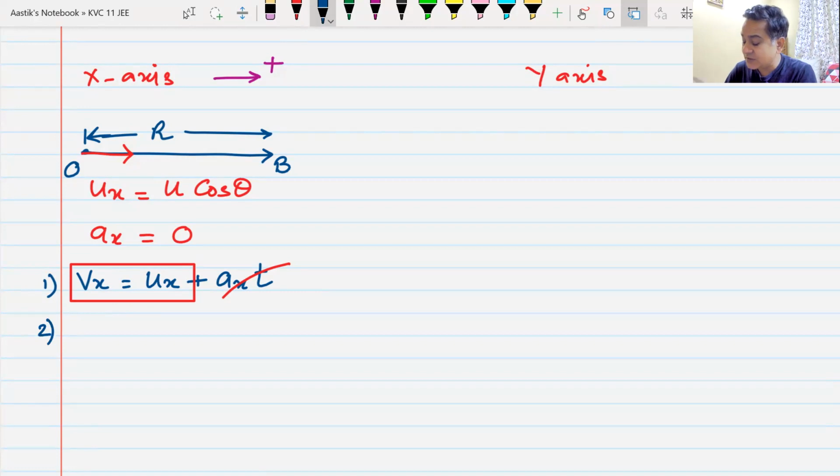What is the second equation that you can make? The second equation is the displacement, or the position, along x-axis. If I draw it here at any point, and this position is x, what is the value of x? How do I get the value of x?